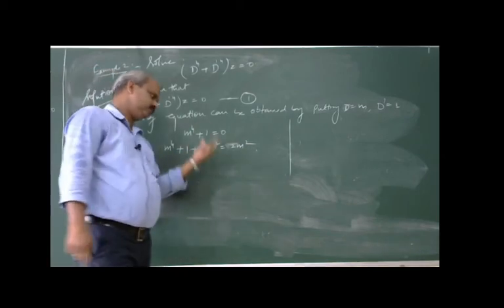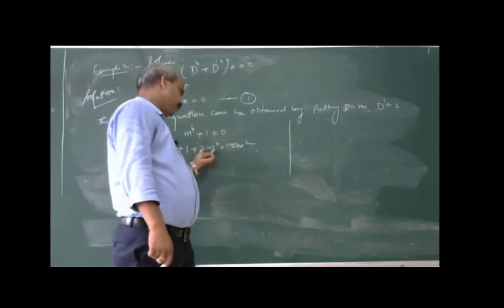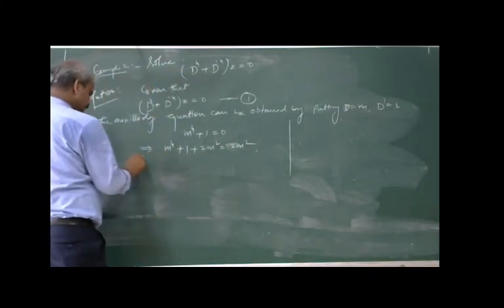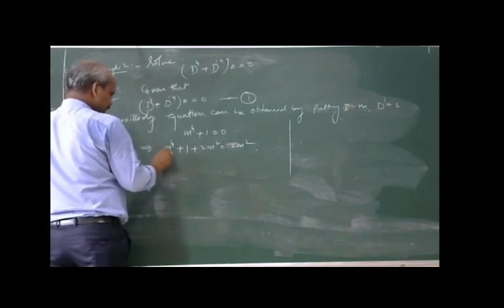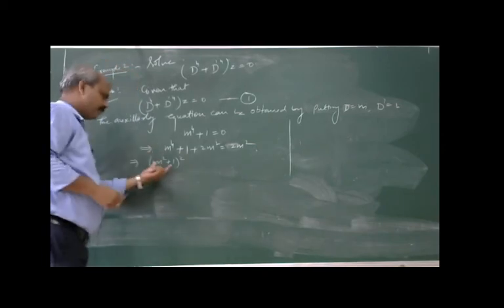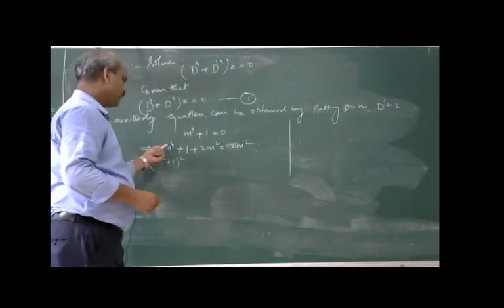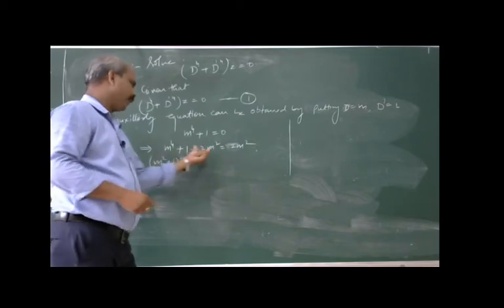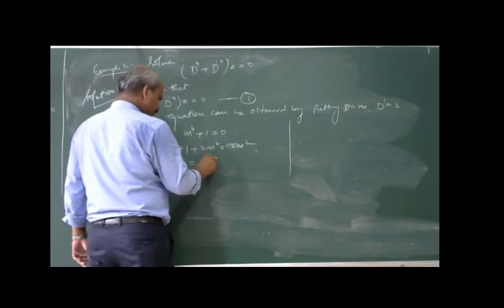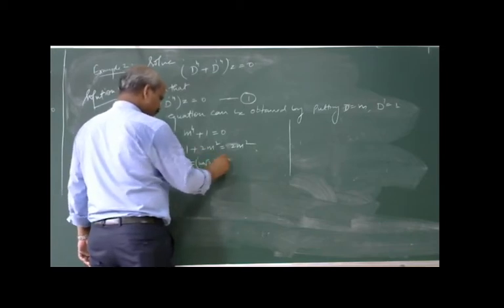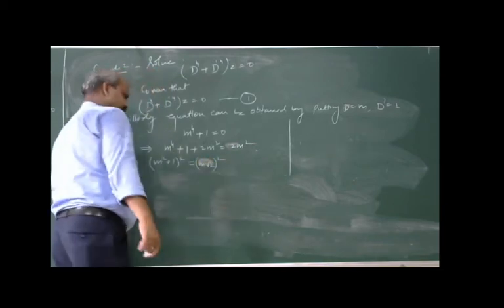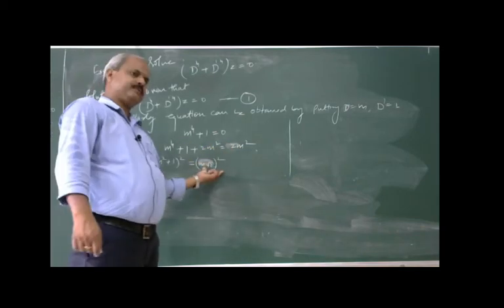Let us add 2m square on both sides. So the left-hand side becomes m square plus 1 whole square, because a plus b whole square is equal to a square plus b square plus 2ab, and the right side becomes root 2 m whole square.